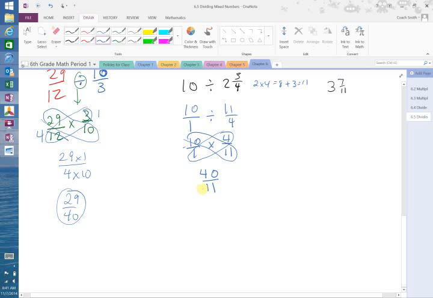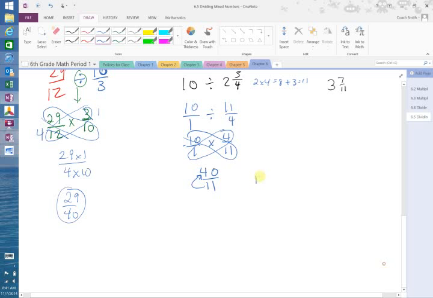Okay, 40 over 11 means we divide 11 into 40 because that's an improper fraction. Goes 3 times, 33. 40 minus 33 is 7. Take the 7, put it over the 11. So it gives me 3 and 7/11.